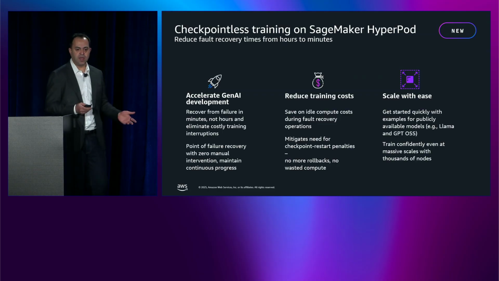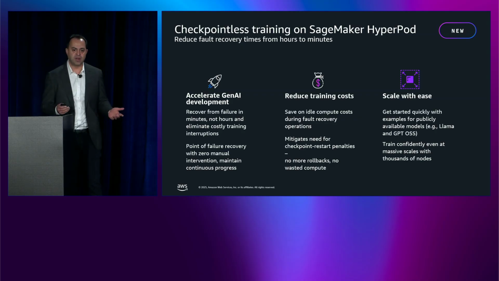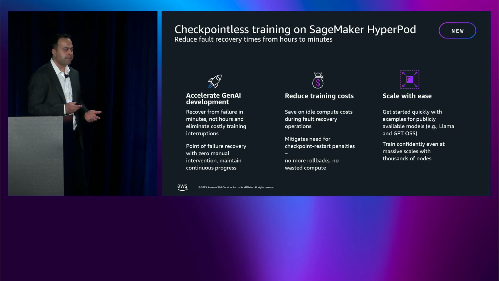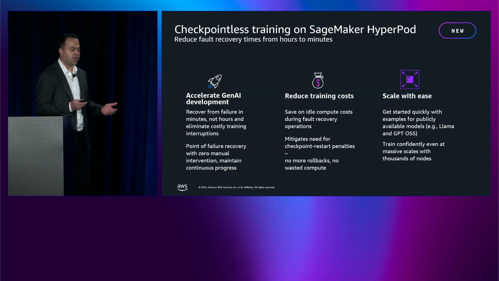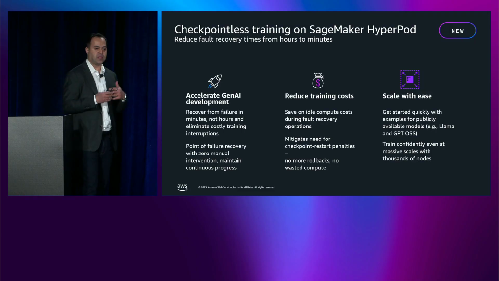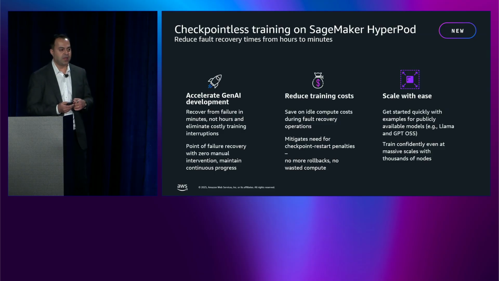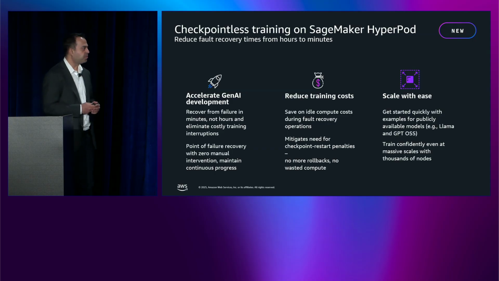So yesterday in the keynote, we announced checkpointless training on Hyperpod. This capability completely changes the paradigm for distributed training at scale. The way it works is when a failure occurs during a distributed training job, rather than stopping all the training processes, checkpointless training keeps the training processes alive, and it's able to restore model state through a peer-to-peer mechanism from nearby nodes that have model state.